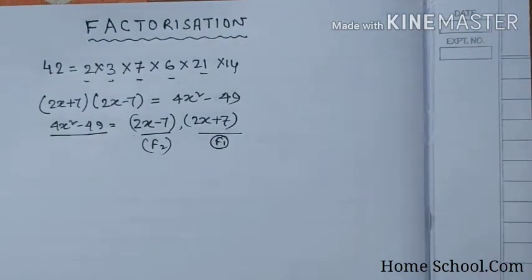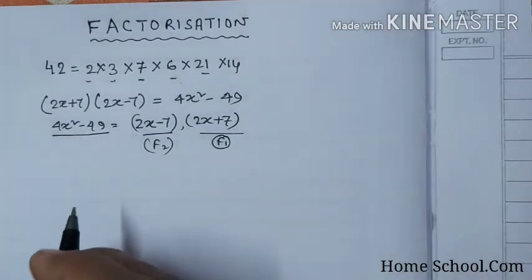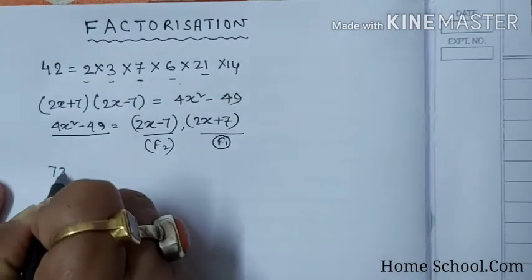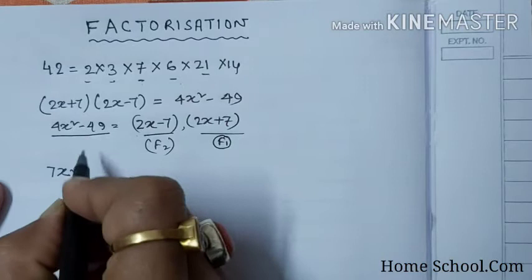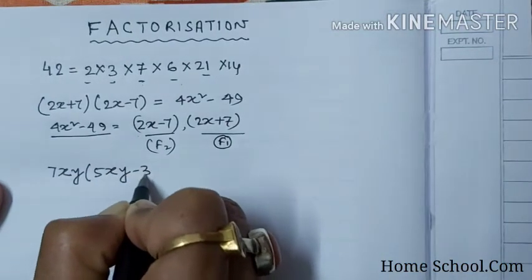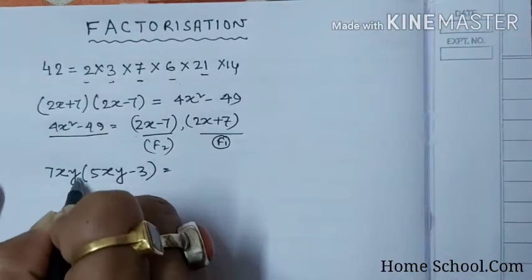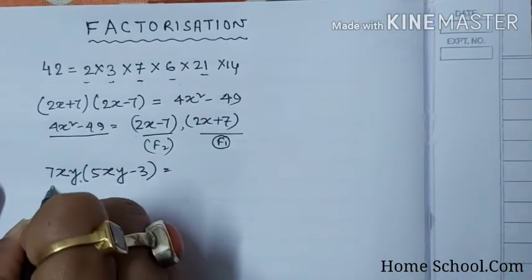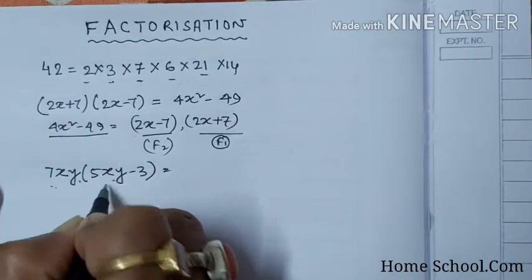Let me take another example. Say 7xy into 5xy minus 3. What is the resultant if you multiply this factor with this other factor?